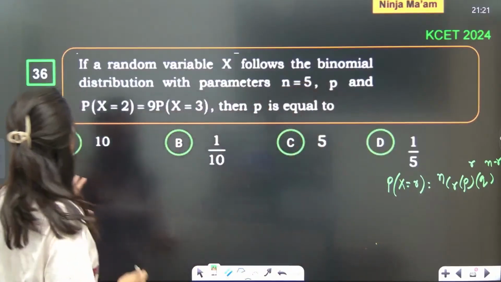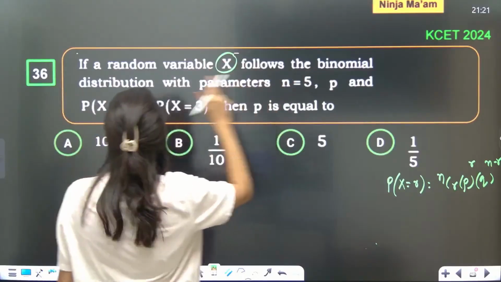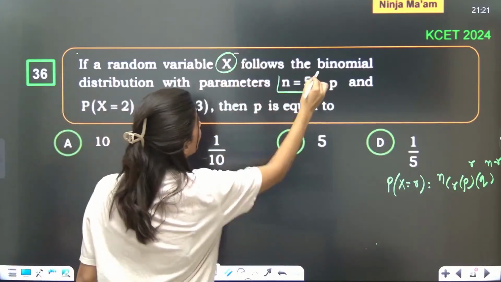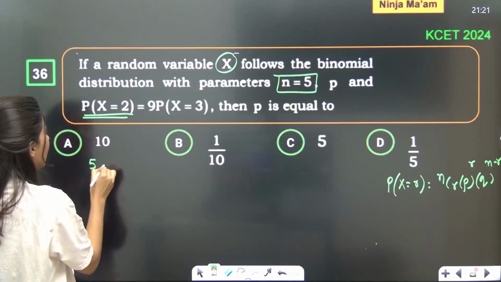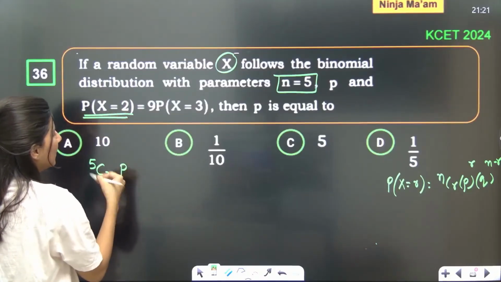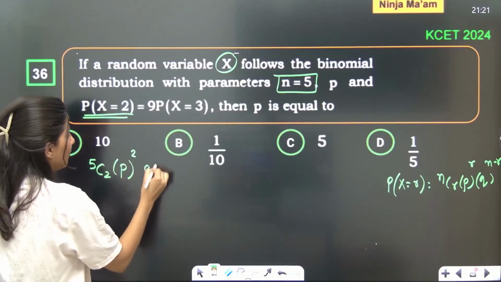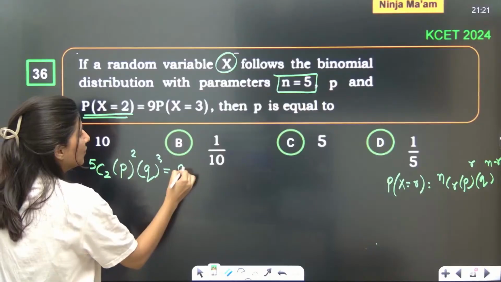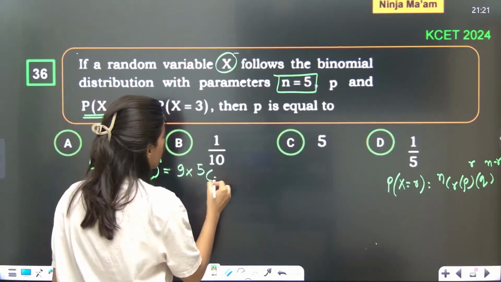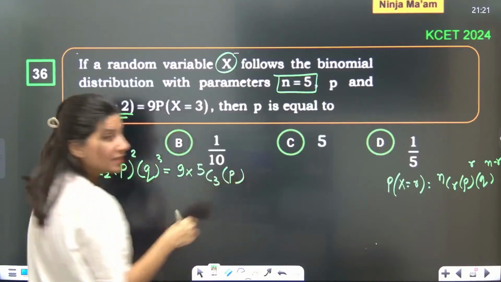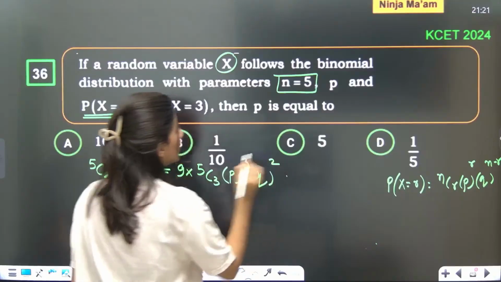So over here, a random variable x follows the binomial distribution with parameter n equals 5. So the probability of 2 successes will be 5C2, probability of success power 2 and probability of failure power 3, which is equal to 9 times the probability of x equals 3. So 5C3, probability of success power 3, failure power 2. This is what you're getting.